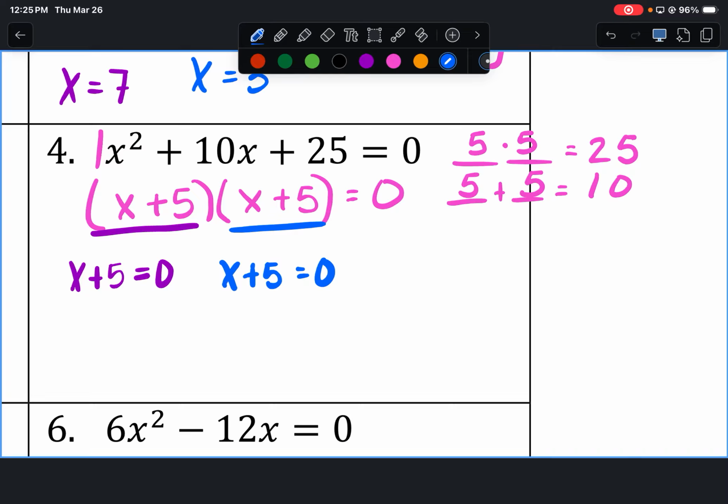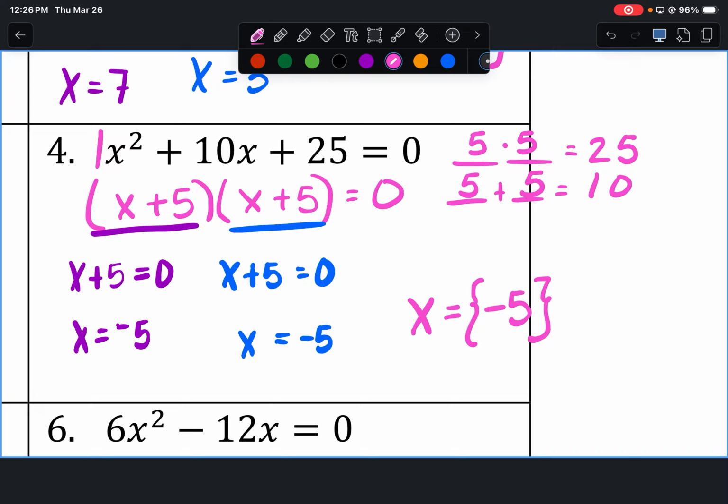Now we're going to take this one, and we're going to do 2x minus 9 equals 0. Now what do I do? Plus 9. So we get 2x equals 9. Then what? Divide everything by 2. So we get x equals 9 over 2. And we need to write our answer. Which one should I put first? -9 over 2, comma, positive 9 over 2.